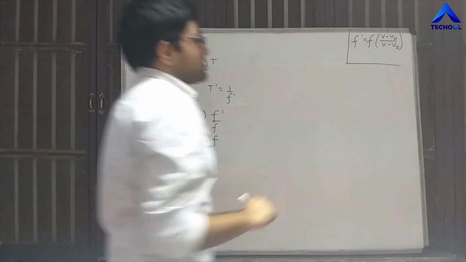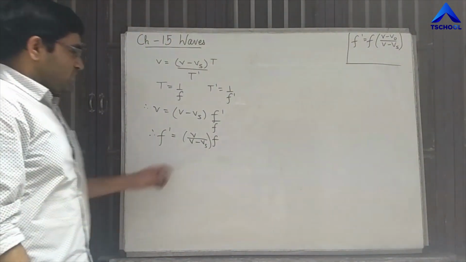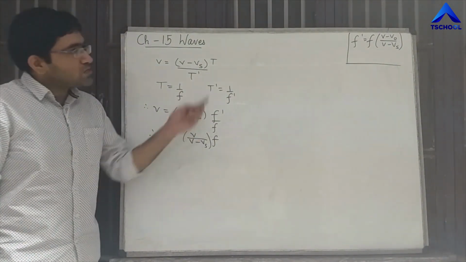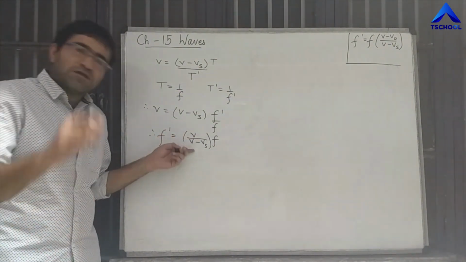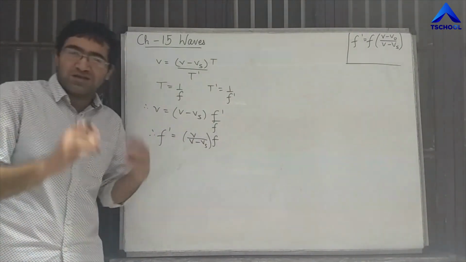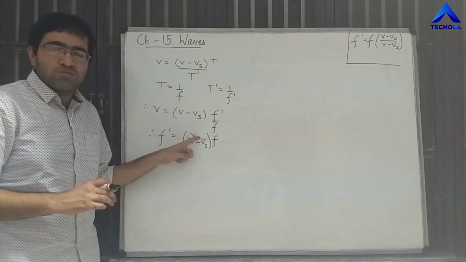I'm not writing the vector sign, I'm sure you can understand it without that. What we have here is that we are putting Vo as 0, the observer is stationary at rest, and that's why we are not getting this term here.